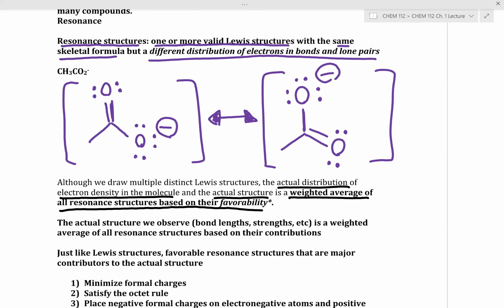So a key feature of this idea is the actual structure we observe is a weighted average of all resonance structures. So what we're next going to do is talk about the criteria that we use to assess whether a resonance structure is major or minor. So what makes a resonance structure favorable?